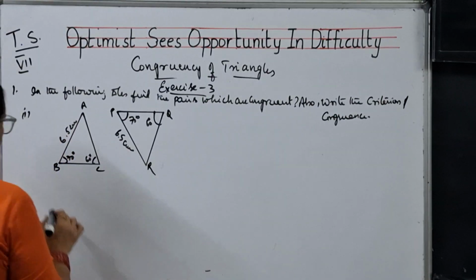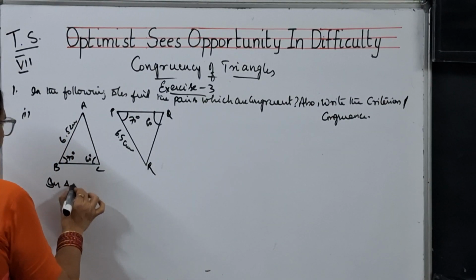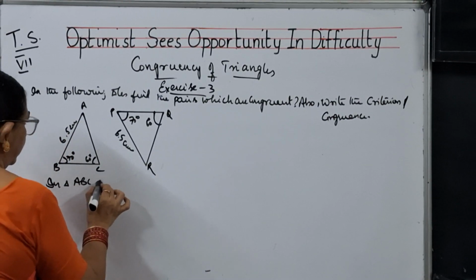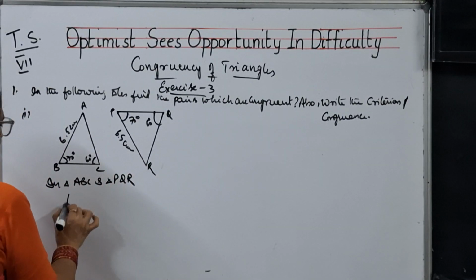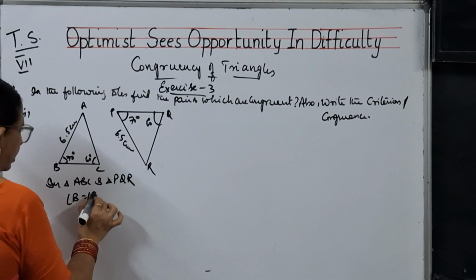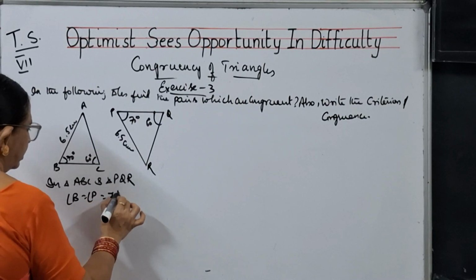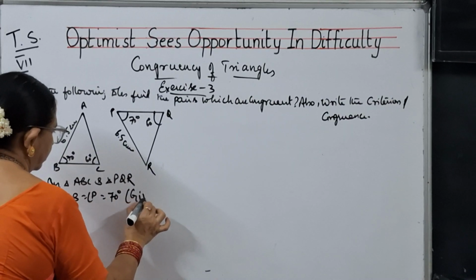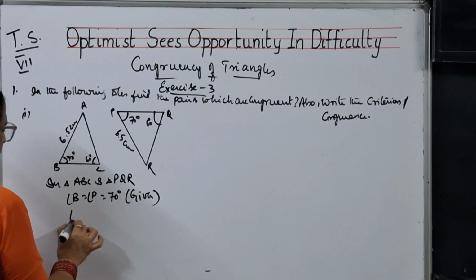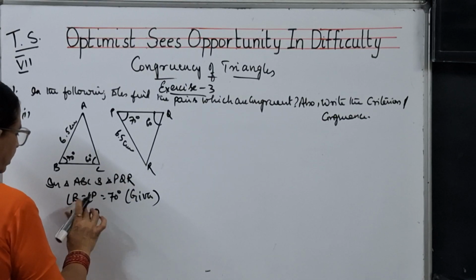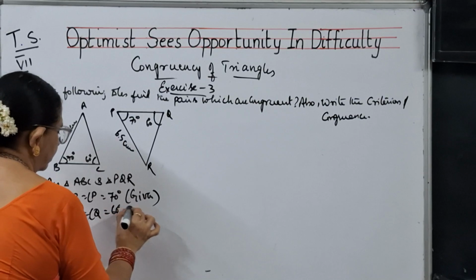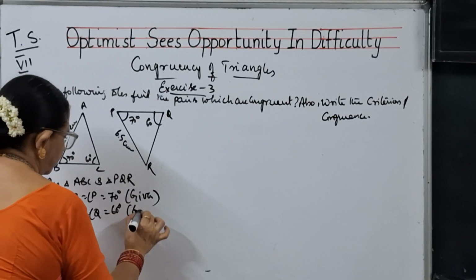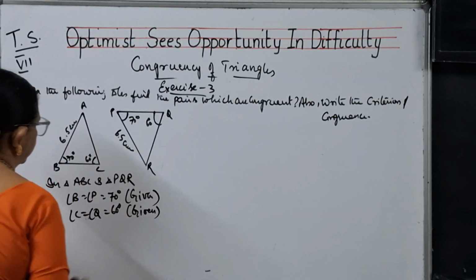So let us see. In triangle ABC and triangle PQR, angle B is equal to angle P, 70 degrees. This is given to us. Angle C is equal to angle Q, that is equal to 60 degrees. This is also given to us.